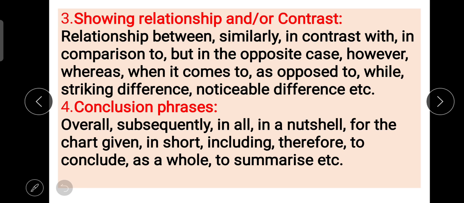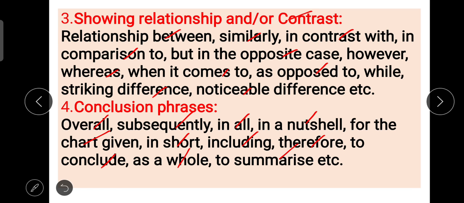If we have to show the relationship or the contrast, then we can use phrases like relationship between, similarly, in contrast with, in comparison to, but in the opposite case, however, whereas, when it comes to, as opposed to, while, striking difference, noticeable difference, etc. For the concluding paragraph, we can use concluding phrases like overall, subsequently, in all, in a nutshell, for the chart given, in short, including, therefore, to conclude, as a whole, to summarize.